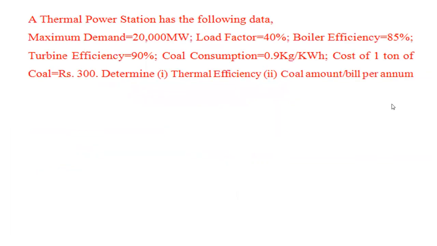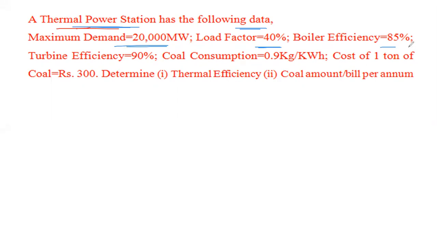The next problem: a thermal power station has the following data. The power plant is a steam power plant, another name for the thermal power plant. The maximum demand is 20,000 megawatt. The load factor is 40%, that is 0.4.